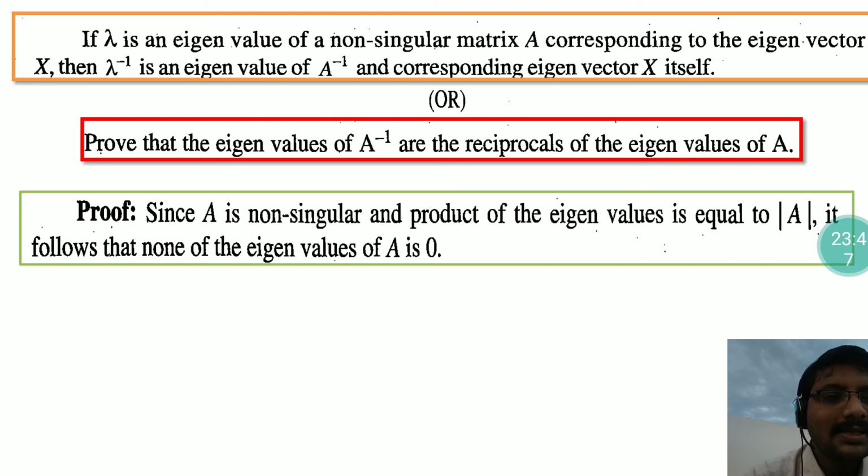Or the statement is given as: eigenvalues of A inverse are the reciprocals, reciprocal of lambda is 1 by lambda, that is lambda inverse, of the eigenvalues of A. So the proof: consider a non-singular matrix A. The product of eigenvalues is equal to the determinant of A. Since A is non-singular, it follows that none of the eigenvalues of A is 0.